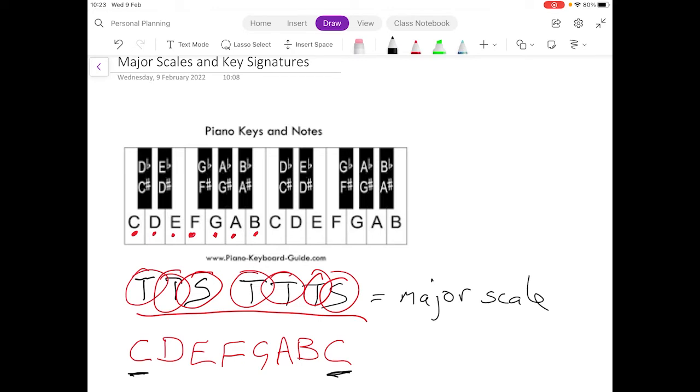So our C major scale is C, D, E, F, G, A, B, C.